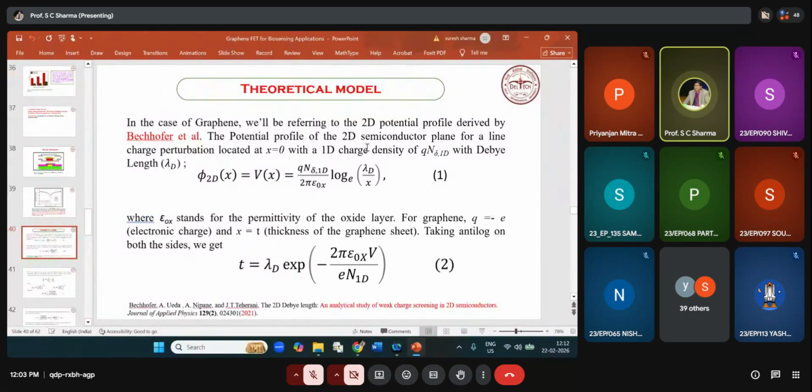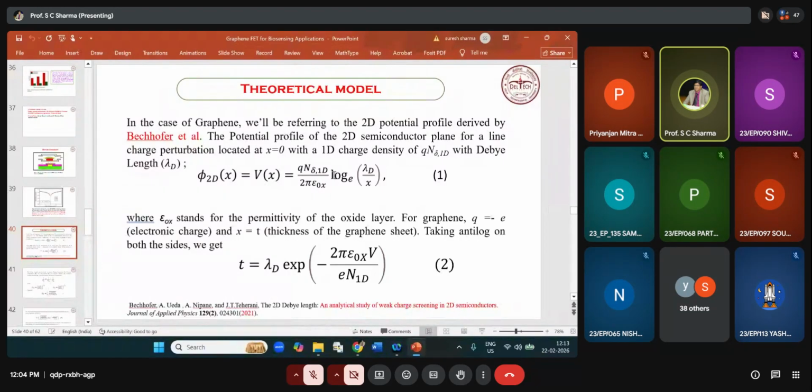The potential profile of a 2D semiconductor plane for a line charge perturbation located at x equal to 0, with one dimensional charge density Qn delta 1d and device length lambda d, is given by Qn delta 1d upon 2 pi epsilon 0x, log lambda d upon x. Now epsilon 0x stands for the permittivity of the oxide layer.